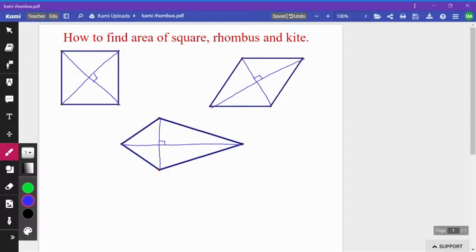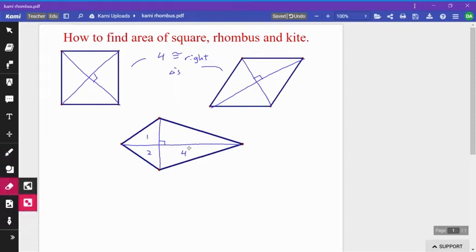A square and a rhombus both have four congruent right triangles, where a kite can be looked at a little differently. I do have four right triangles where 1 and 2 are going to be the same as each other, and 3 and 4 are going to be the same. Or for a kite, I can take a look at the relation of what kind of triangles.